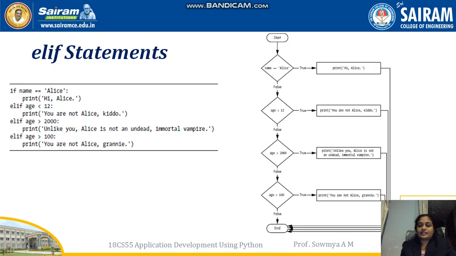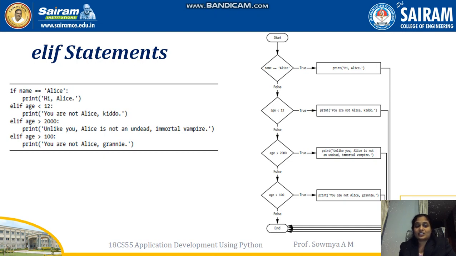Next is the else if statement. The same else if statement can be repeated as many times as your conditions require. If the age is less than 12, you print kiddo. If the age is greater than 2000, it is inappropriate, or you are a vampire, for example.